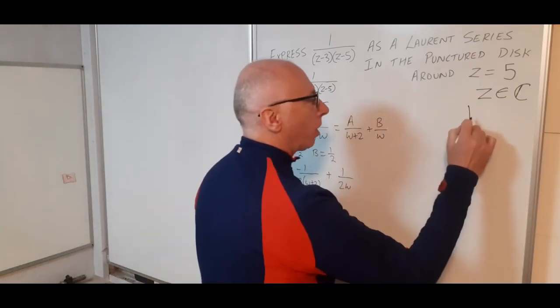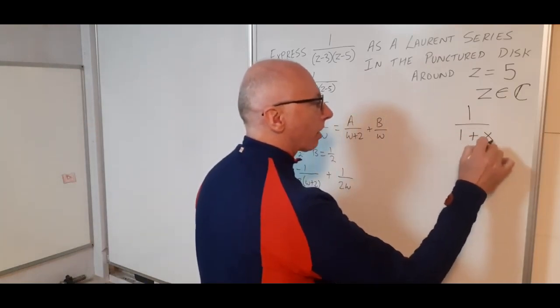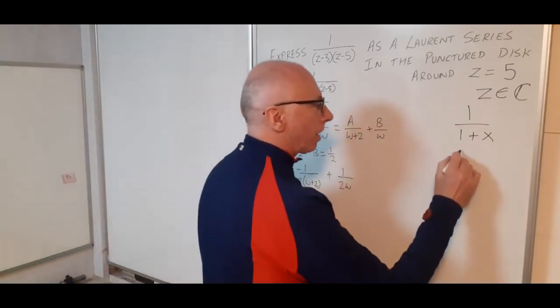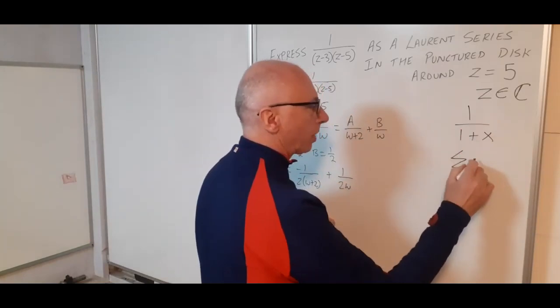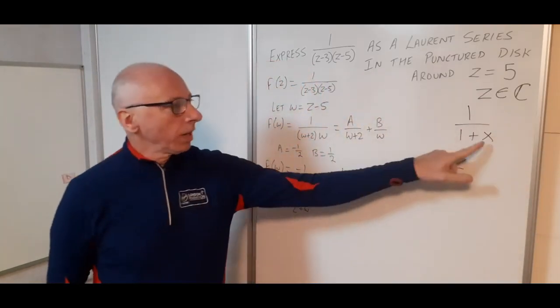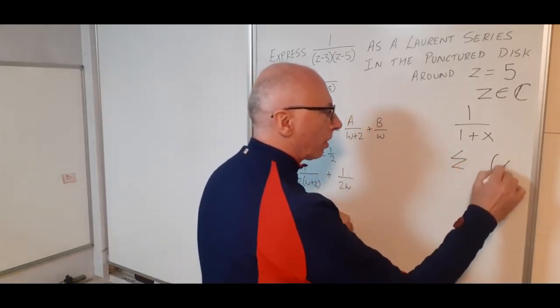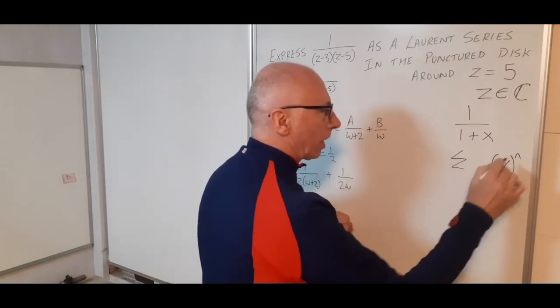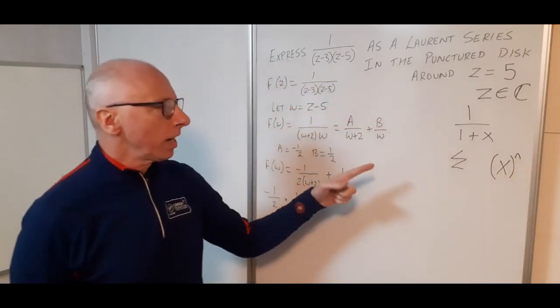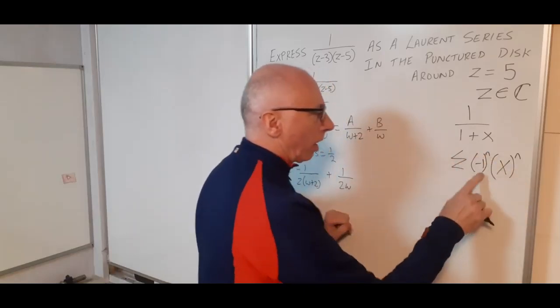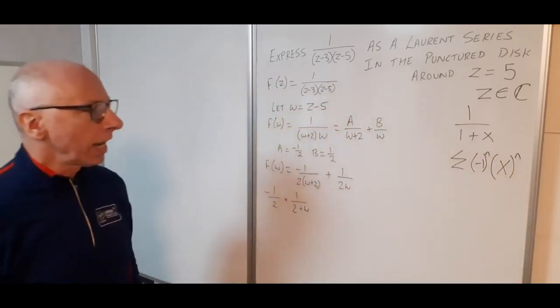Now I know 1 over 1 plus x, that's my alternating series. So this becomes this, whatever my x is. So I put my x to the n, and as it's alternating, I need to put in my alternating part for a series, minus 1 to the n.